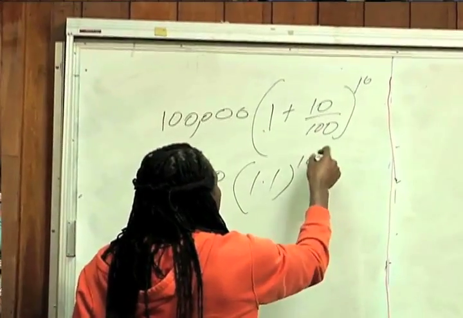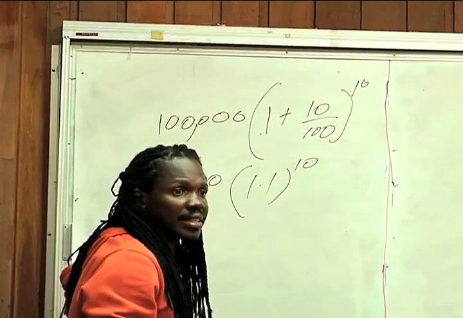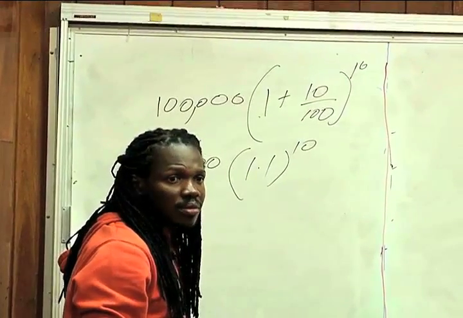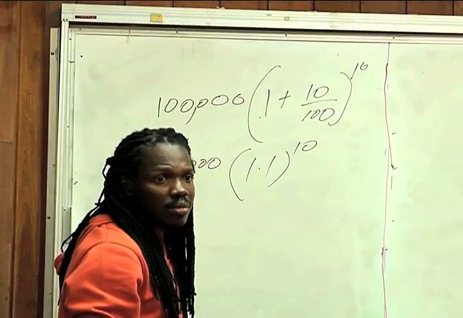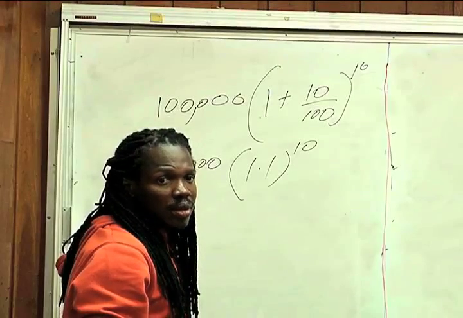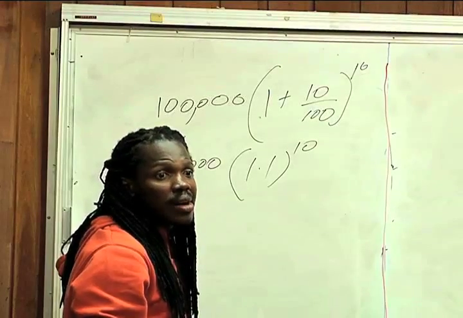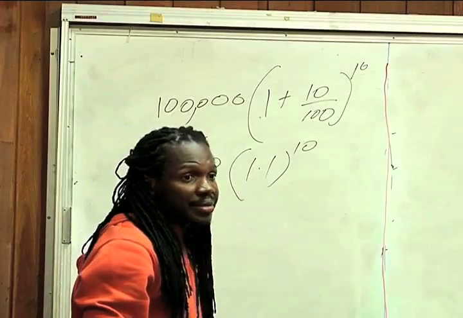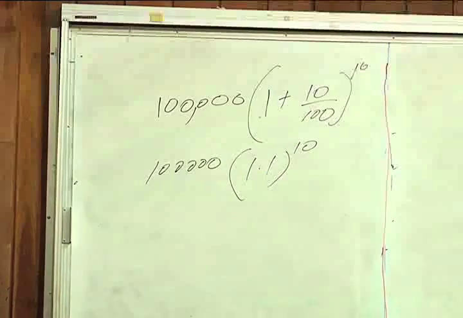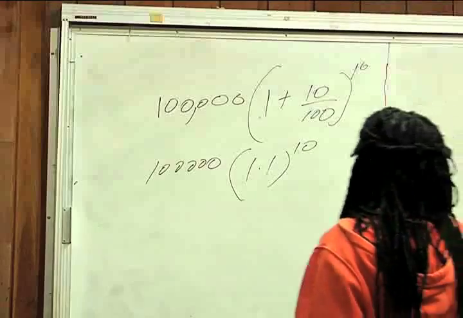So this is 100,000 times 1.1 to the 10th power. How much is that? It's 2.589.